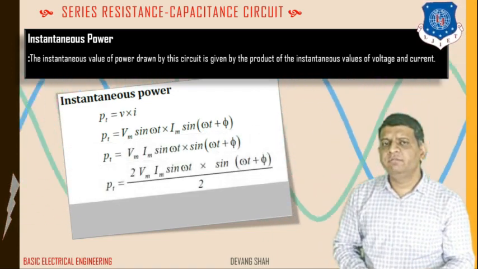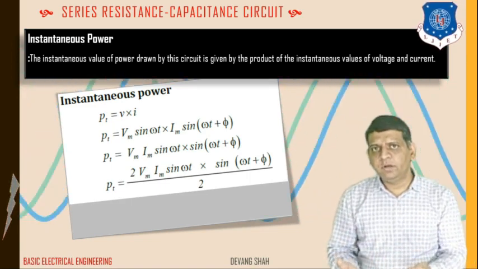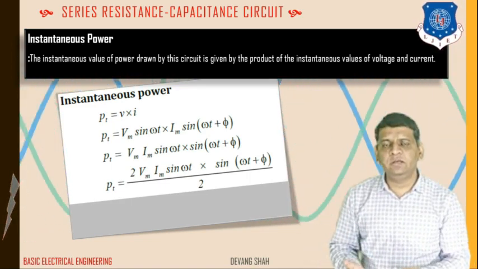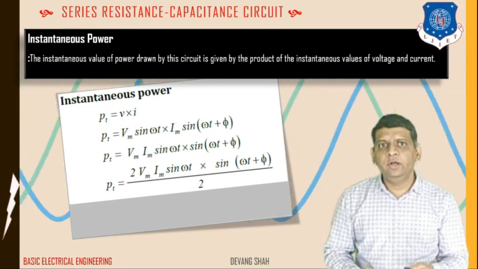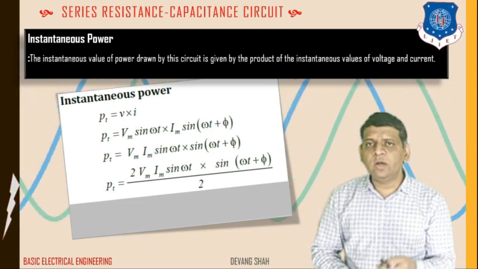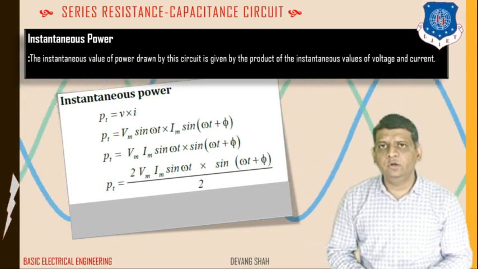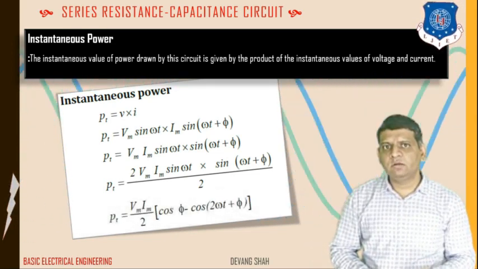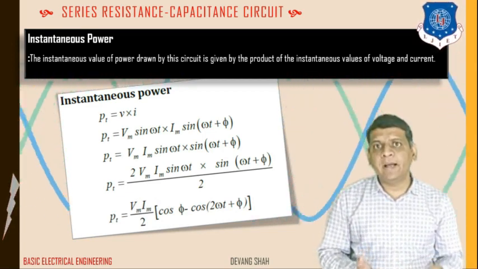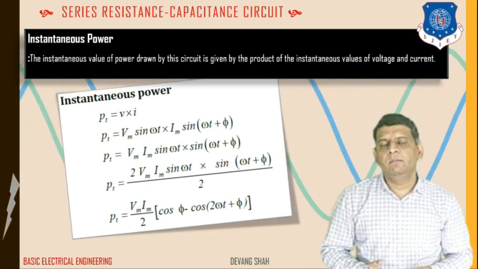So once you define this particular equation, you multiply by 2 and divide by 2. In this equation, you can find P of t is equal to Vm Im by 2 into 2 sin omega t into sin omega t plus phi. Now, by converting it into cos C minus cos D by trigonometry, you can see P of t is equal to Vm Im by 2 into cos phi minus cos 2 omega t plus phi.